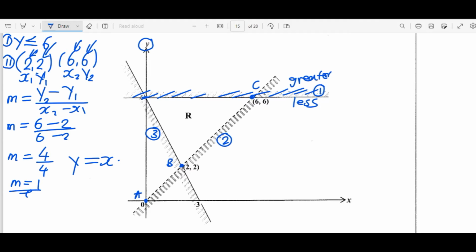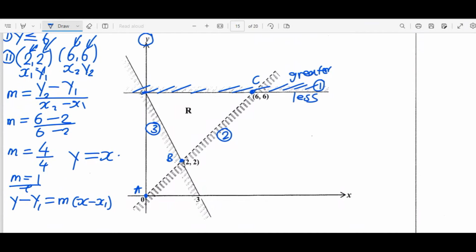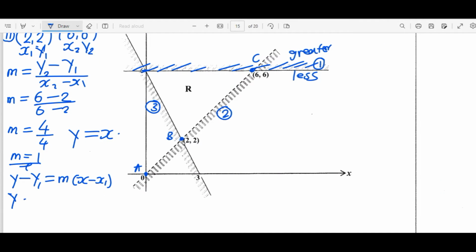What do we mean by this? I'm going to use the equation of the straight line, which is given by y minus y1 is equal to the gradient, open brackets, x minus x1. So I can use one pair: y minus 2, gradient is 1, x minus 2.